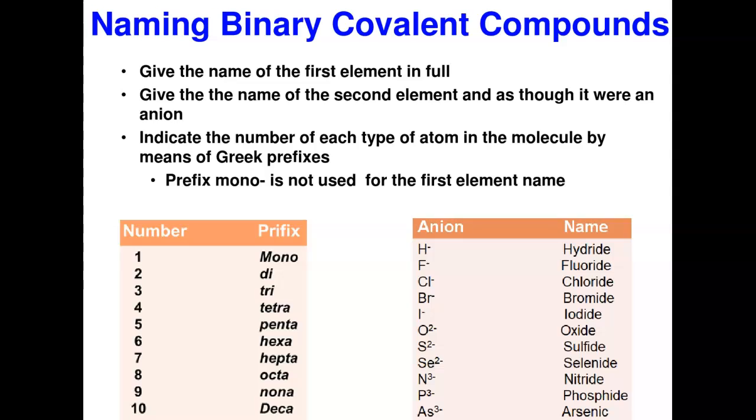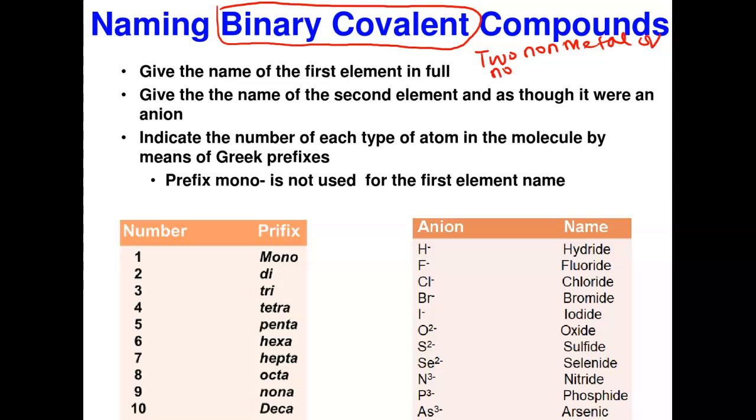So, how do we name covalent compounds? We're going to divide them into 2 major areas of nomenclature for ease. The first one we'll talk about is the binary covalent compound. Binary means 2. So these contain 2 non-metals, or a non-metal plus a metalloid.